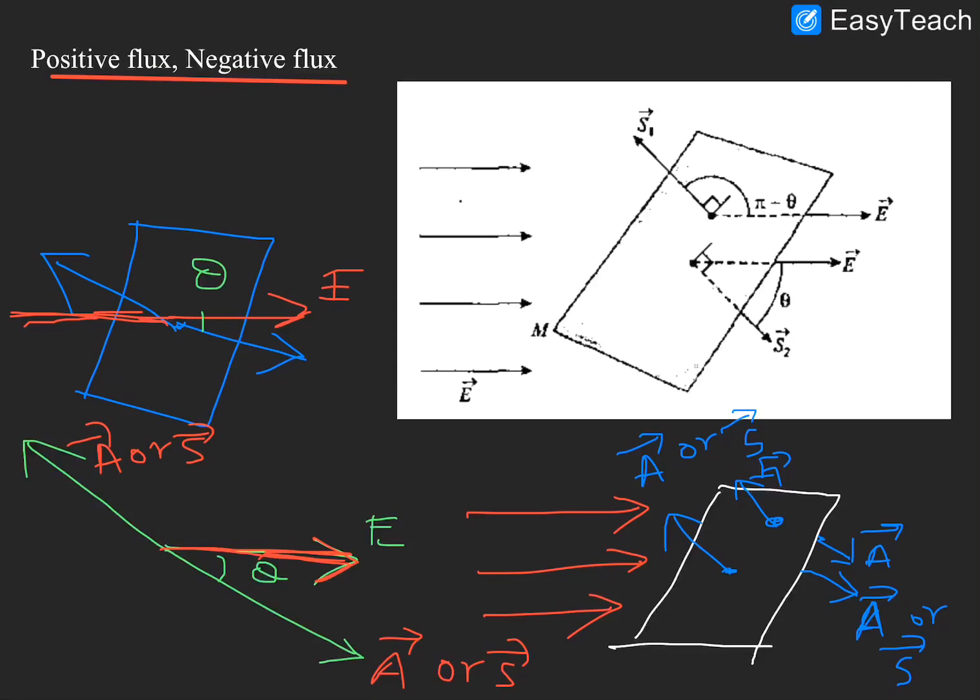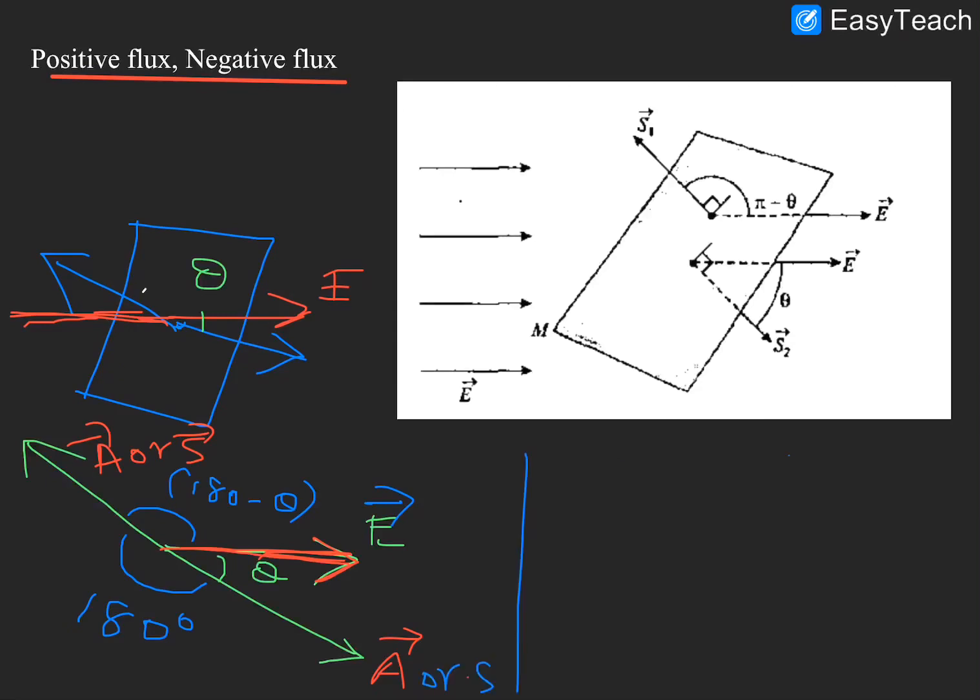Now if you check this diagram, electric field is making an angle theta with one area vector. Then the same electric field is making an angle here. How much is it? The total angle will be 180 degrees, isn't it? So if this is theta, then this will be 180 minus theta, isn't it?